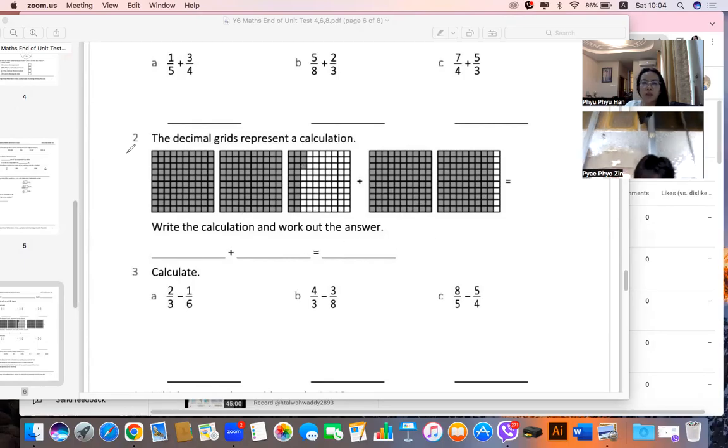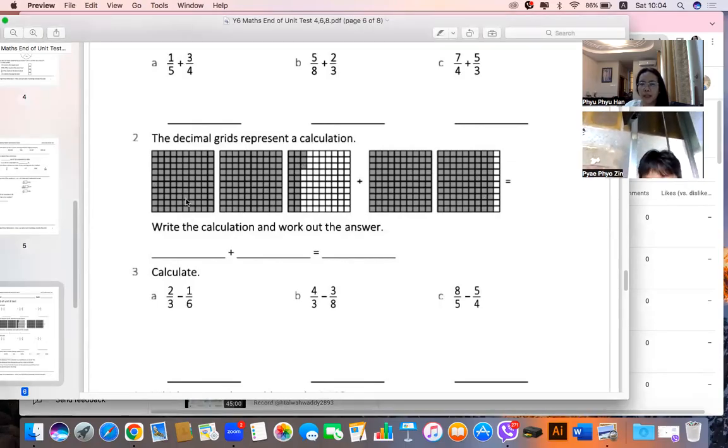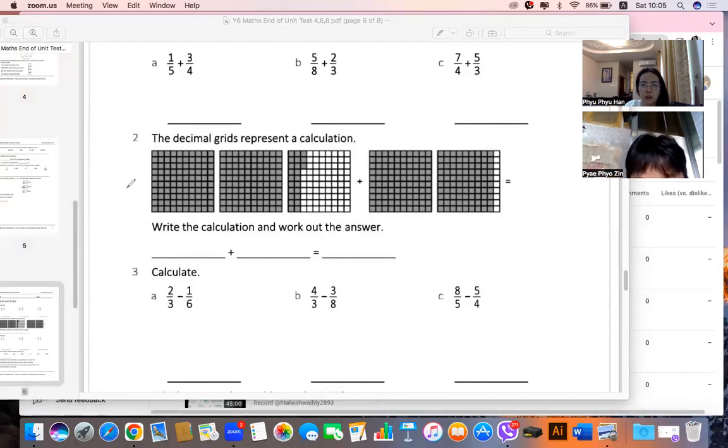So how do we do it? Here you can see 200, and this side is 20, 3. That's 223.